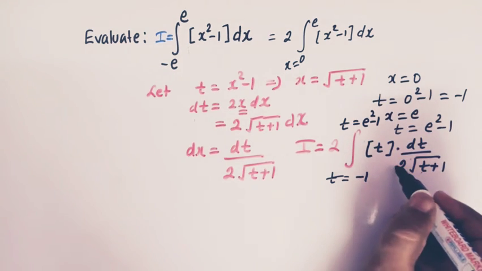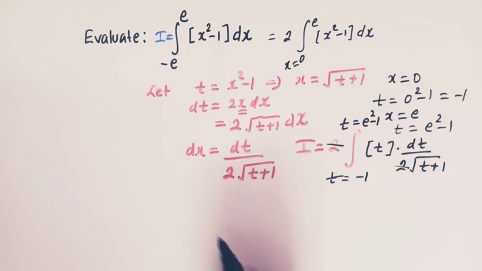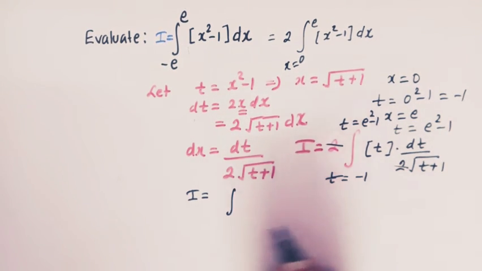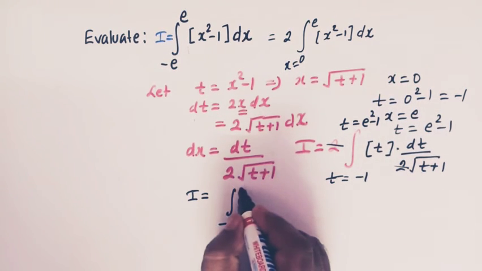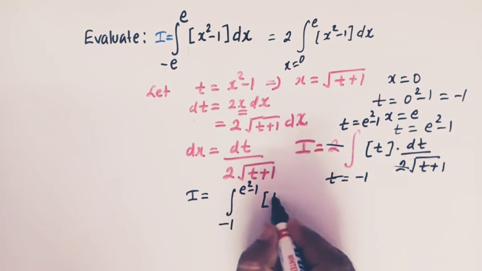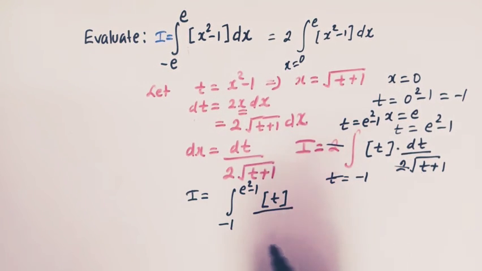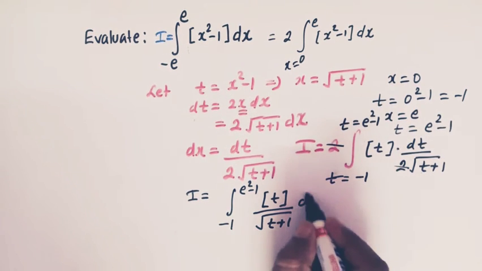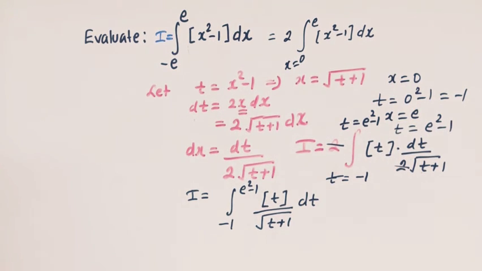Now 2 and 2 get cancelled, so we are left with I equal to the integral from minus 1 to e square minus 1 of the greatest integer of t divided by square root of t plus 1 dt.